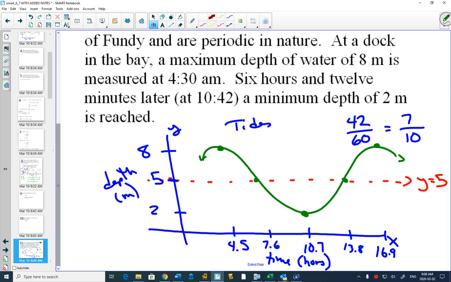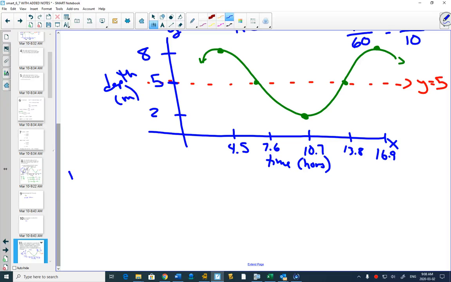So with this, we have enough to work backwards to find all of our equations. Our first, let's write out the d, the a, and the b, because we can figure those out. Our d value is 5. Our amplitude from the center line to the maximum is 3.